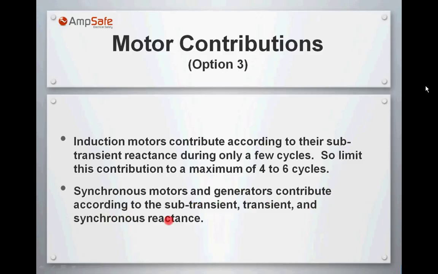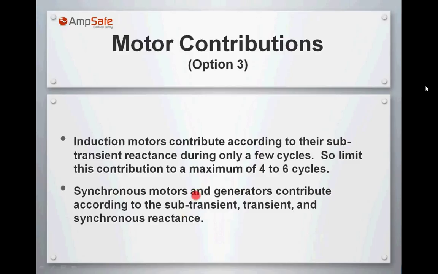okay? But we have already established that the maximum arcing time is not going to be over 2 seconds. It's going to be 2 seconds. Therefore, what sense is it to model the synchronous reactance contribution when this is valid only after the 2 seconds, okay? So you're going to be dealing with the sub-transient and the transient reactance.